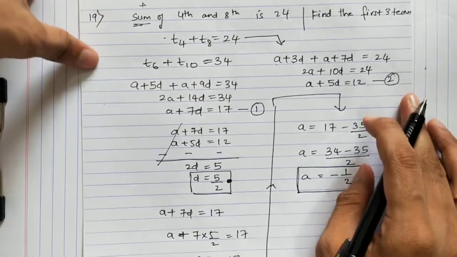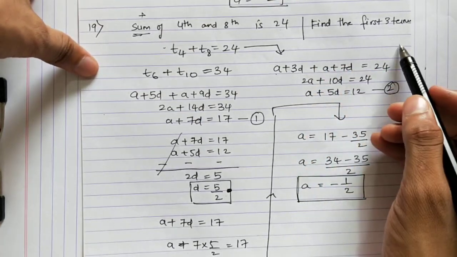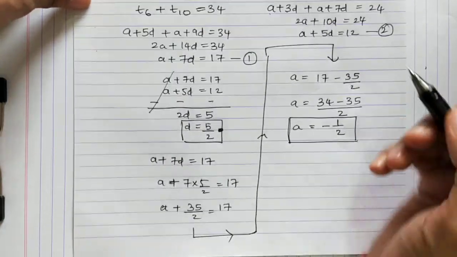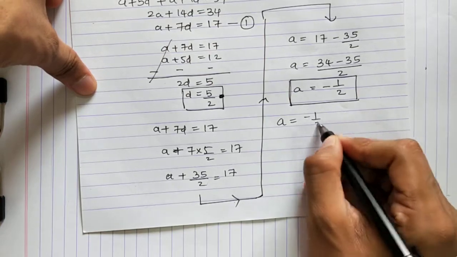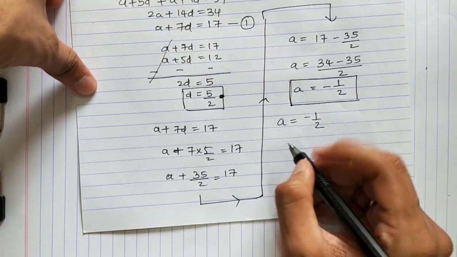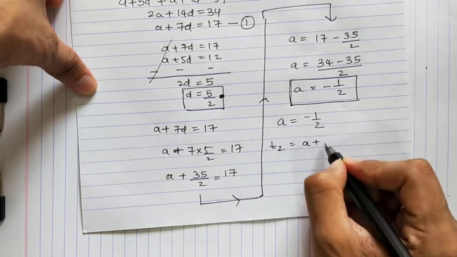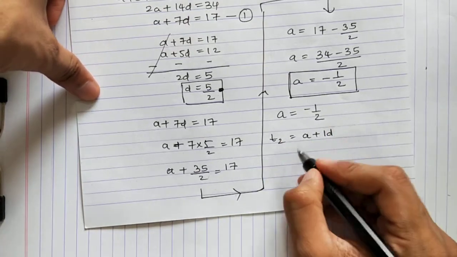Now what do we have to find? We have to find the first 3 terms of the AP. First 3 terms means the first term, second term and the third term. Correct. So the first term is A, which is minus 1 upon 2. The second term T2 is A plus 1D.